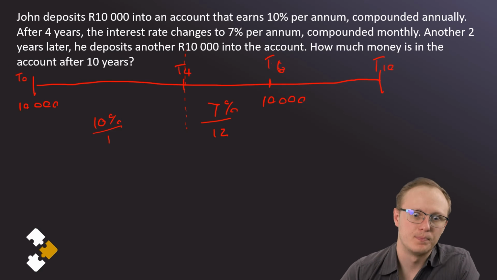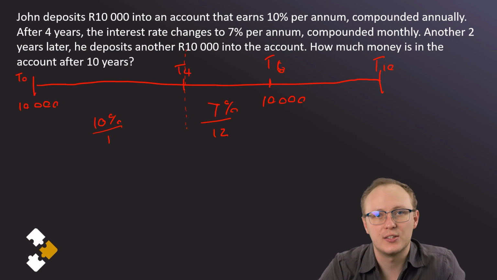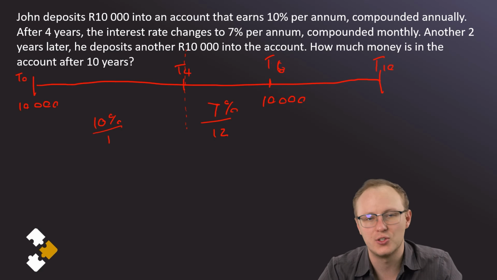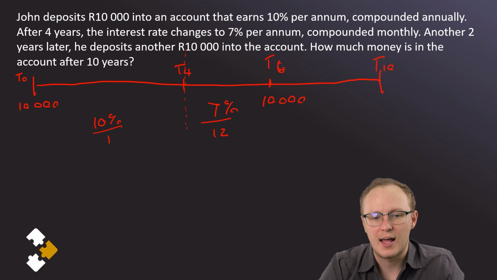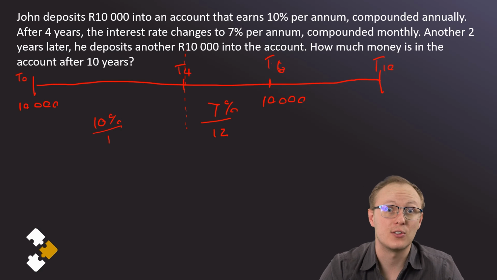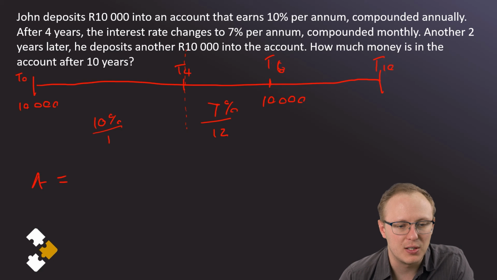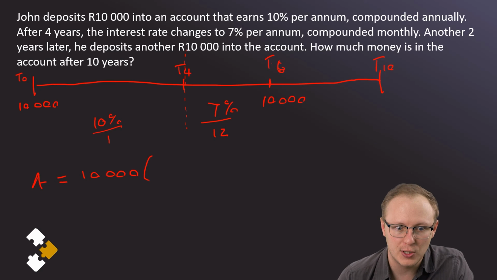Okay, so this initial 10,000 Rand, what we're going to do is see how much interest that earns over the whole 10 years. And then we're going to add to that the other 10,000 Rand and the interest that that earned over the 4 years, right? So our accumulated amount is going to be that 10,000 Rand that was in the account for the 4 years at 10%.